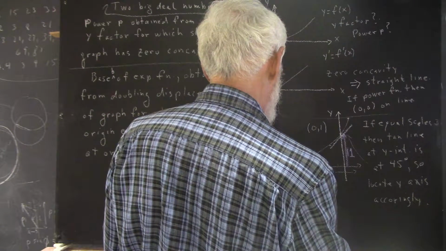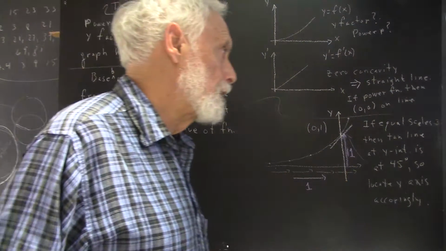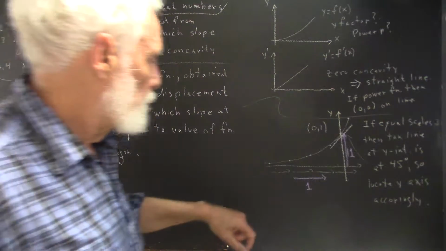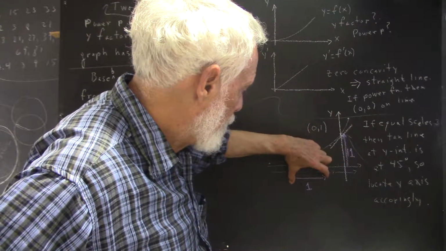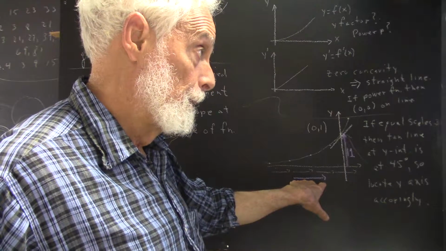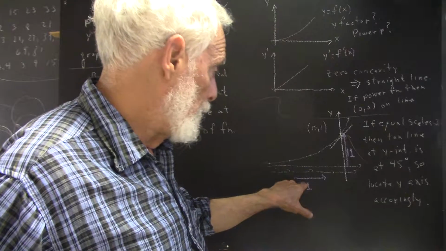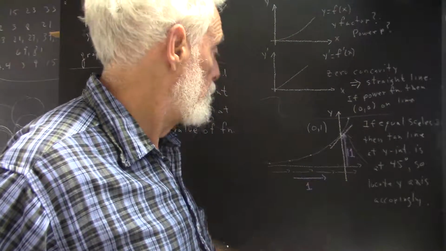Now, I don't guarantee that I've constructed this very accurately, but if you construct it with good accuracy, you'll be able to estimate how many doubling displacements this is. It looks like it's somewhere between 1 and 2 doubling displacements, which means the doubling displacement will be somewhere between half of this, which would be 1/2, and double this, which would be 2.